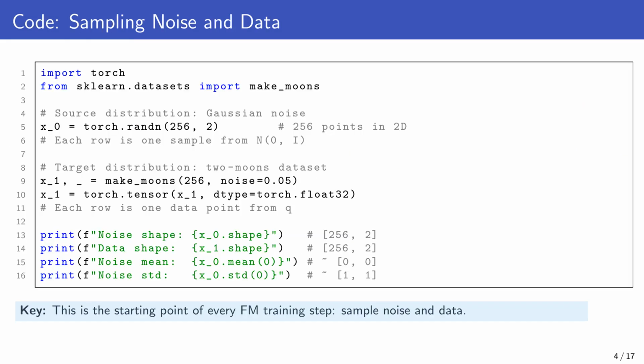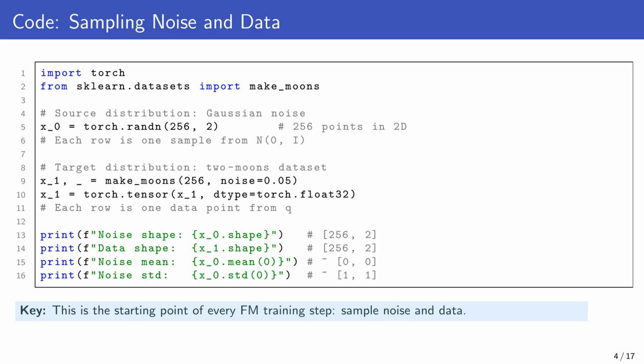Here is the code. 2 lines do all the work. torch.randn of 256, 2 generates 256 two-dimensional points from a standard Gaussian. Each row is one noise sample. make_moons generates 256 points from the 2 moons dataset, our target distribution. Notice the shapes are identical, 256 by 2.